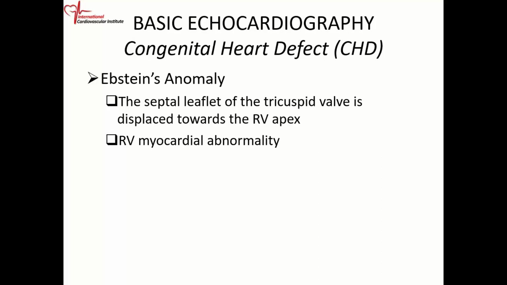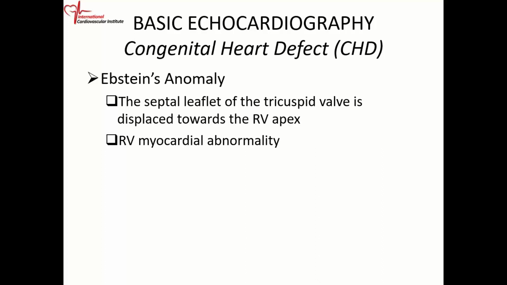When you look at Ebstein anomaly in detail, you find that the septal leaflet is the one that's apically displaced. It's lower in the ventricle, and those patients tend to have a large amount of tricuspid regurgitation. So that's the basic definition.